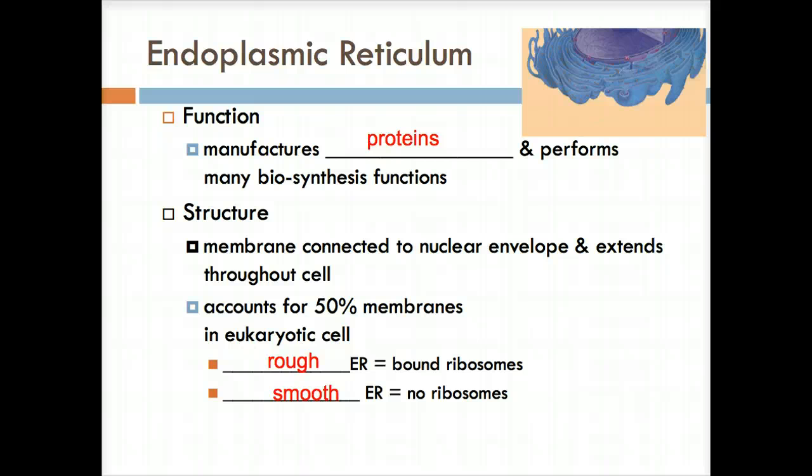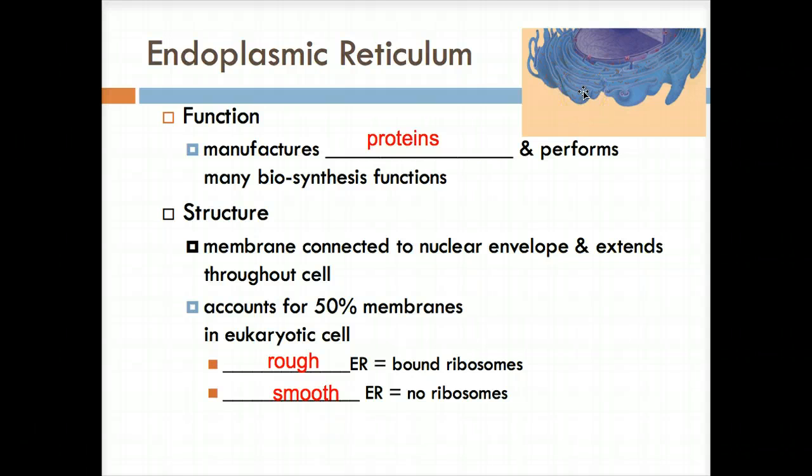We'll look at each one of these players in the endomembrane system, starting with the endoplasmic reticulum. You can see it up here. It looks like this large, channel-like system, which is actually attached in certain areas to the nucleus. The function of the ER is to manufacture proteins and perform many biosynthesis functions. If you look here on the ER, you see those little dots? Those are the ribosomes.